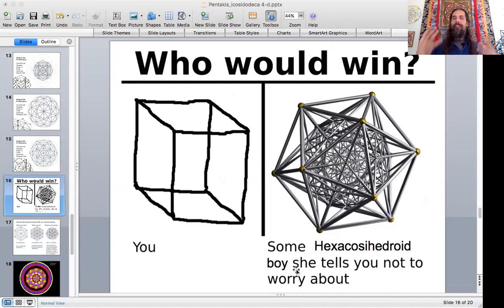I read that over and over again. I didn't quite get the joke until this morning. It was like, here you are, and here's some other amazing hexacosihedroid that she tells you not to worry about. No, don't worry about him over there. You're totally perfect. There's just this little cube over here. Which you are totally perfect as that little cube over there anyway.